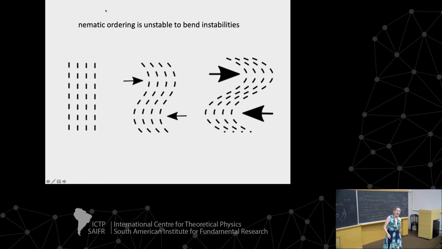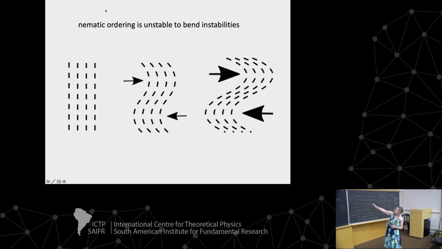And you can work it out. The flows are like this, the flows up there are like that, and the flows down here are like that. So what's going to happen? Well, this thing's going to get more mucked up. It's going to be pushed like this. And so the nematic state is going to be completely unstable because of these active flows.